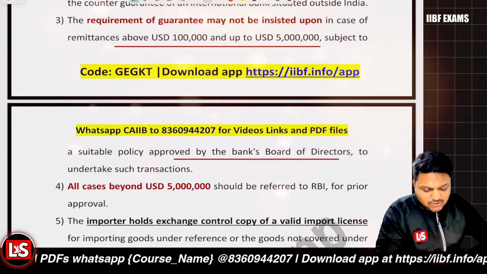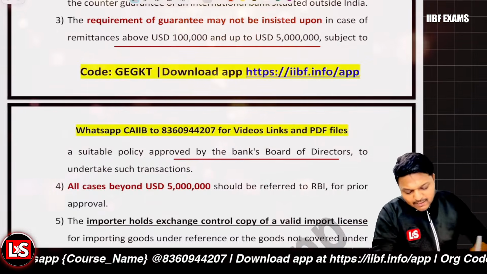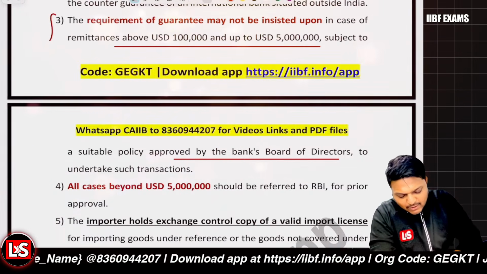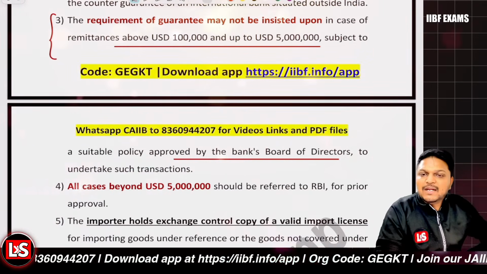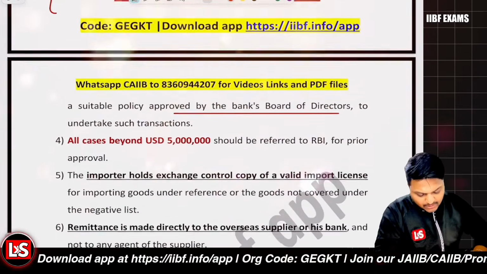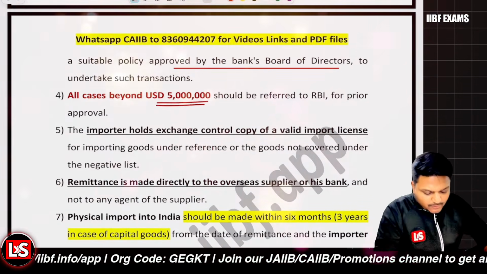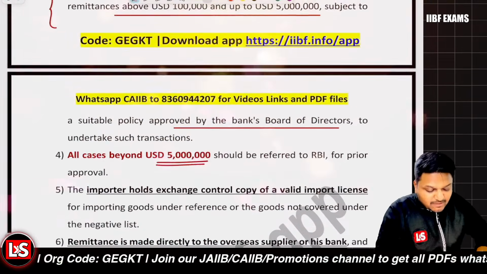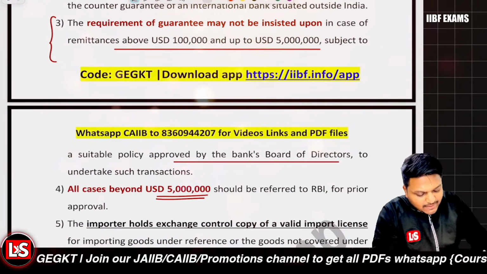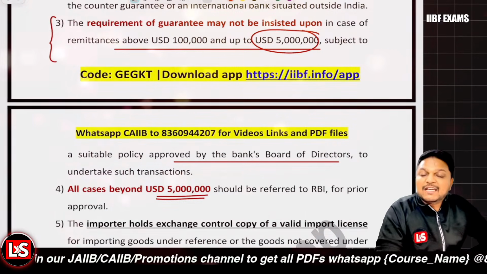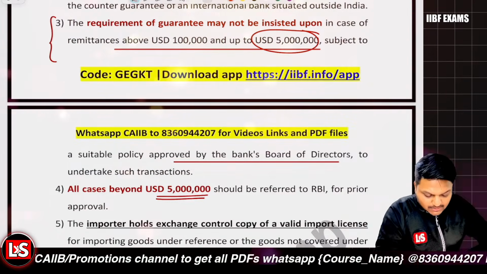So as to undertake such a transaction, if there is a board approved policy, then such a guarantee cannot be insisted upon. And all the cases beyond 50 million USD, not 50 million, actually it is 5 million. Sorry, my bad. It is 5 million, which means 50 lakh USD, right?